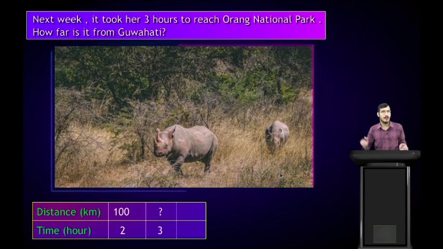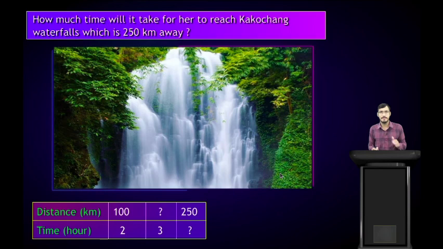Next week it took her 3 hours to reach Orang National Park. How far is it from Guwahati? Can you tell me? We know that the speed is constant here. Next, the third one: how much time will it take for her to reach Kakuchang waterfalls, which is 250 km away?